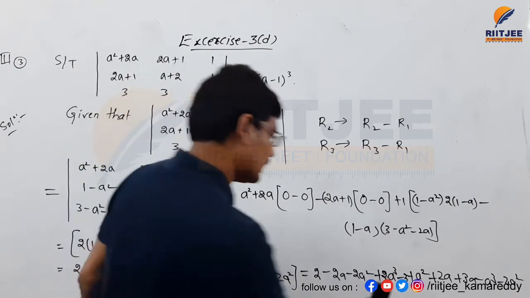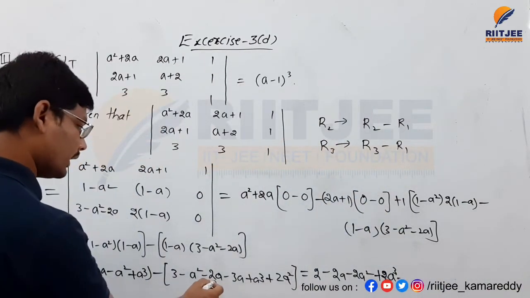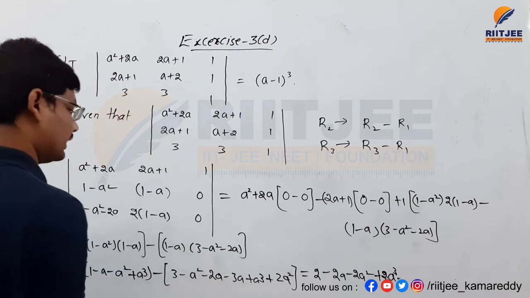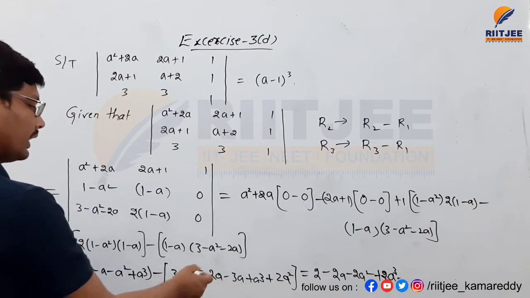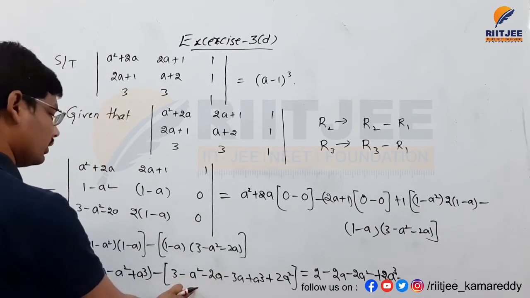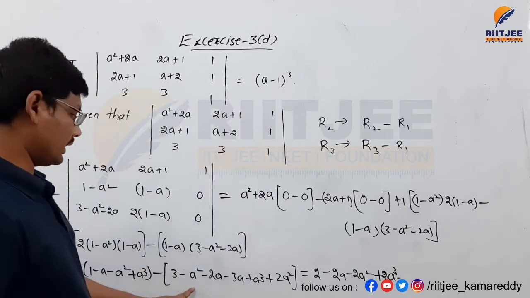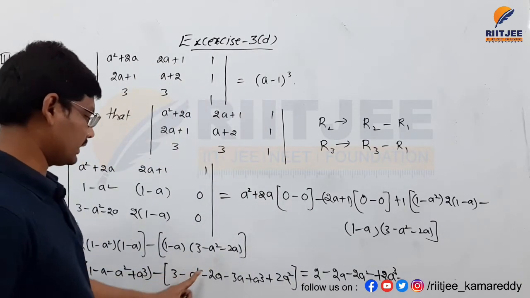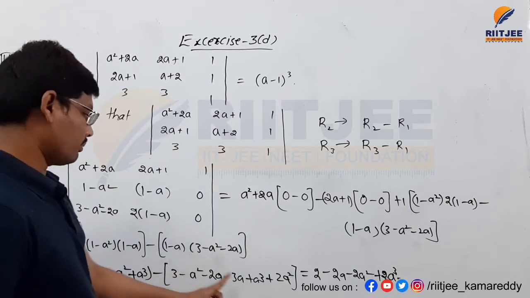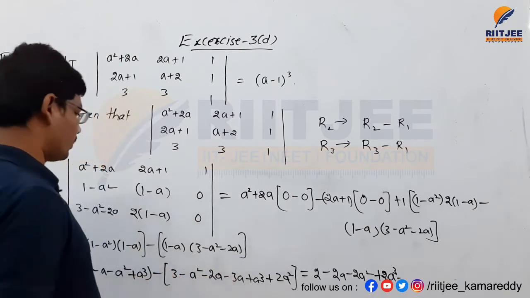So I am eliminating this one, I am short forming here only. Here 2a, 3a, that is minus 5a, here 2a minus 3a, that is minus 5a, and here also we have a square, 3 minus 1 minus 3 and minus a square, minus 2a minus 3a plus a cube and plus 2a square. Okay, fine.